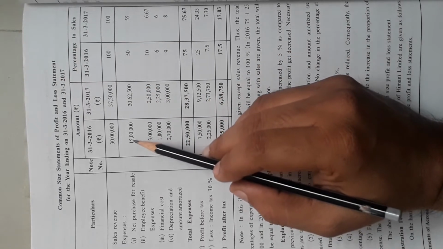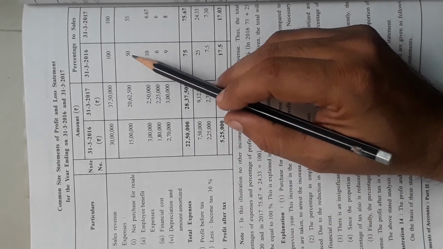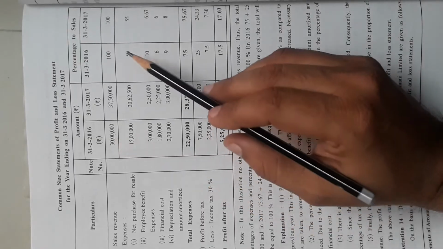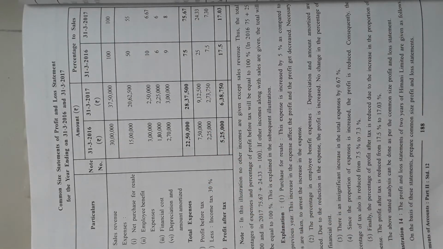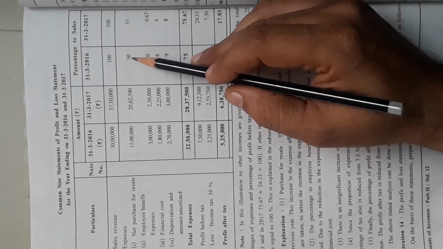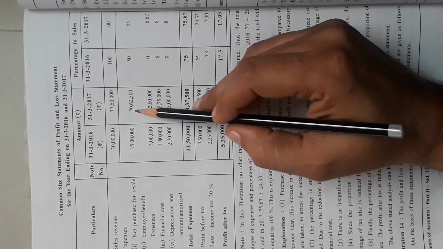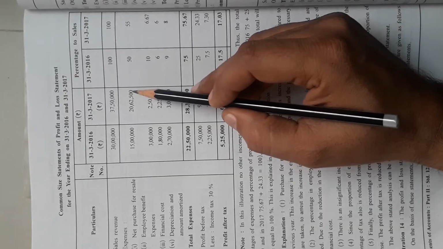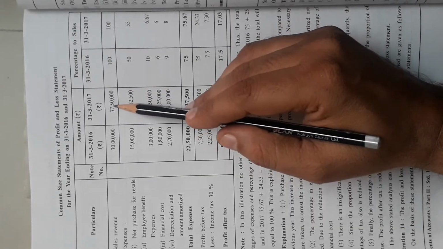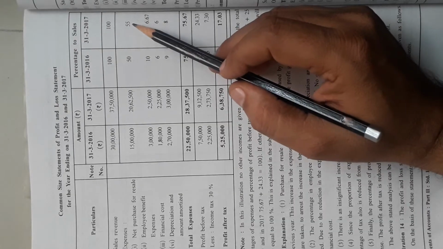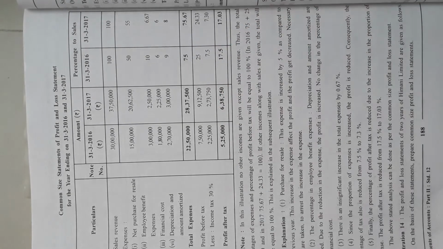This 15 lakh for 2016, percentage as 15 lakh divided by 30 lakh into 100. So, percentage for 2016 comes to 50%. For 2017, 20 lakh 62,500 divided by 37 lakh 50,000 into 100. So, we have got 55% for 2017.